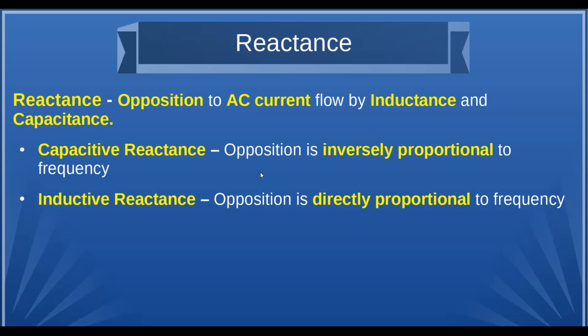Whereas inductive reactance is directly proportional to the frequency. As the frequency increases, the opposition to current flow increases. So one promotes current flow with high frequency, the other one tries to block it. And that's very important for a lot of circuits.